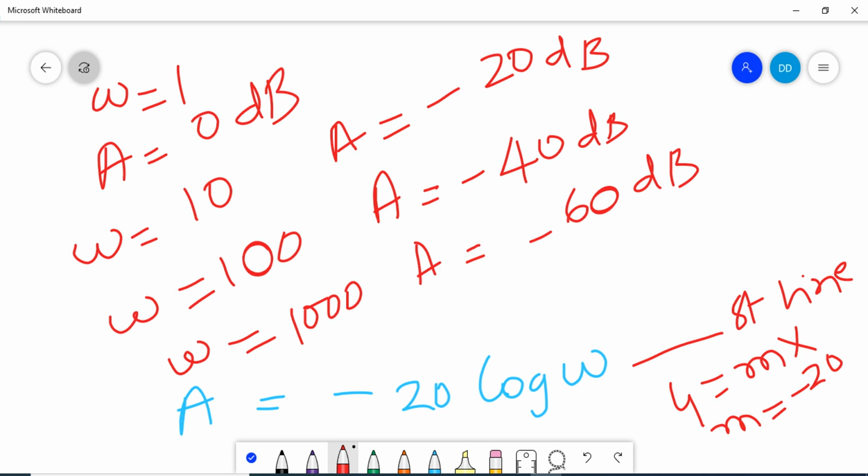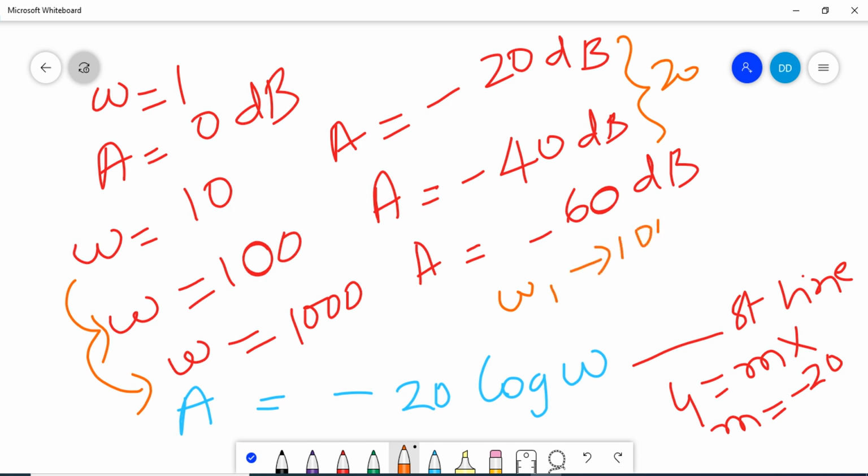If we observe here, as we increase the frequency by a factor of 10, the corresponding decibel value changes by 20. In Bode plot, the frequency ratios are expressed in terms of decades. A decade is a frequency band from omega 1 to 10 omega 1, where omega 1 is any frequency.